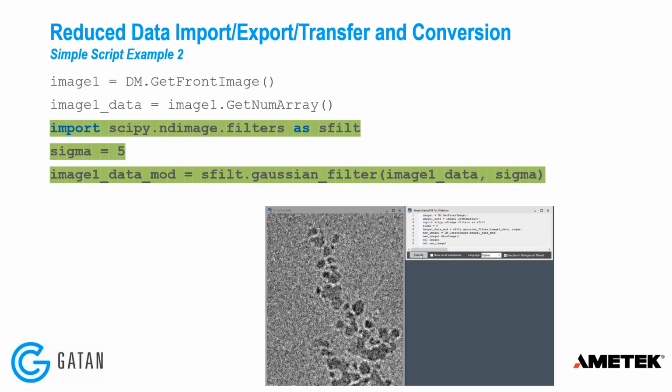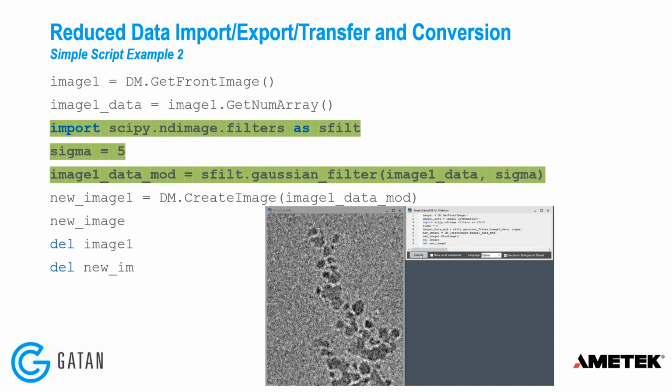So again, very similar to the first script, but with slightly more complicated processing. And there's a lot going on here in this one command, but I don't need to know really anything about that, to be honest. It's very simple, very easy to apply that Gaussian blur. Now, again, I'm going to create a new image from that modified data and then show that image.